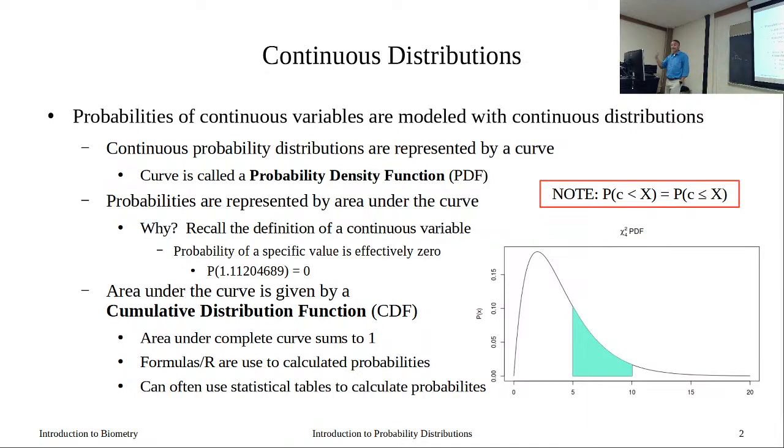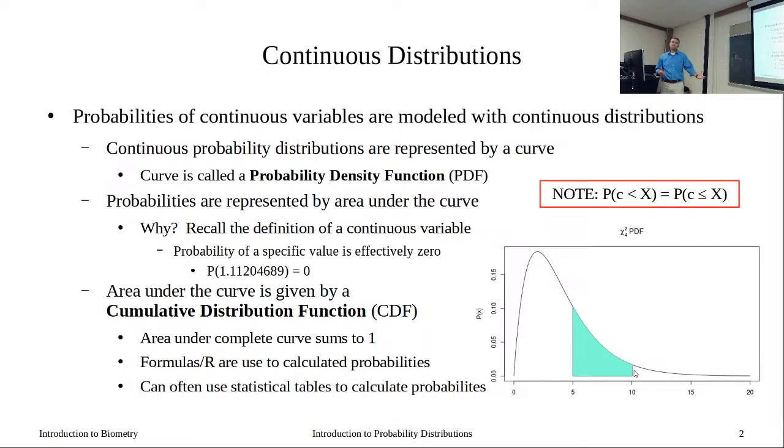All right, so the area under the curve actually does have an equation, and that equation is called the cumulative distribution function. There's one for the normal curve, there's one for every continuous curve that's out there. All right, so here's our curve. I've marked off this area. This would be the area under the curve between 5 and 10.